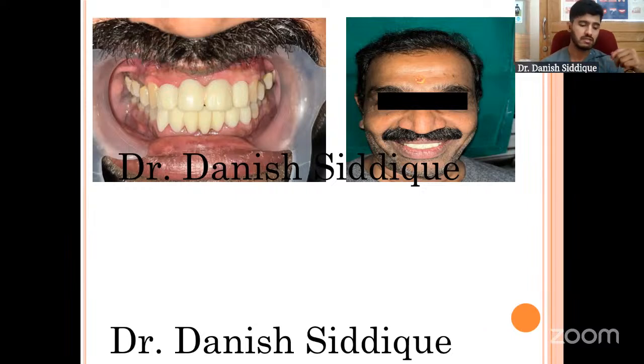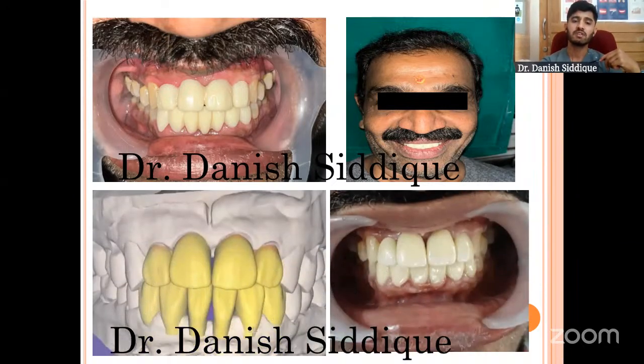We tried the temporaries in the patient's mouth, checked the aesthetics, the smile, and also the speech. Once the patient was happy with it and we were happy with it, we went ahead with the posterior restoration. In this case, the posteriors were digitally designed to make sure that the anteriors were present with good overjet and overbite, and did not cause any discomfort to the patient.